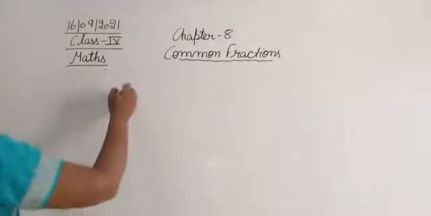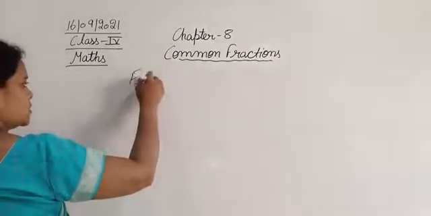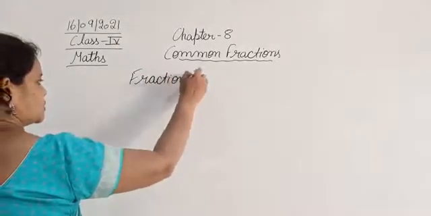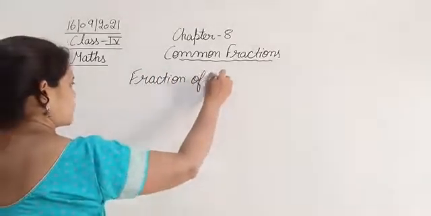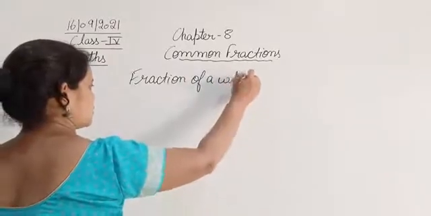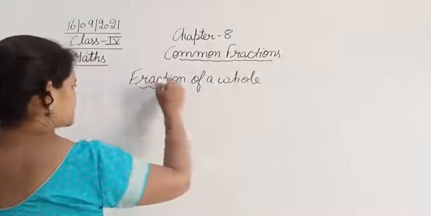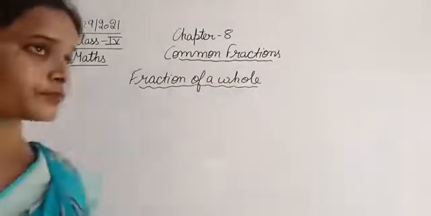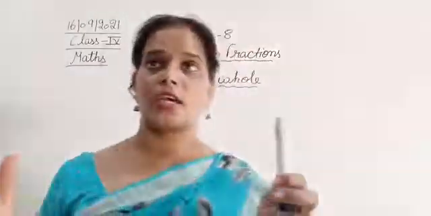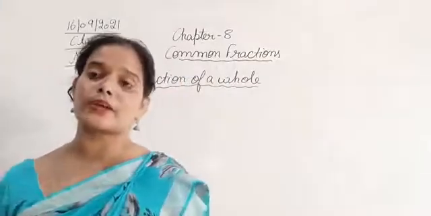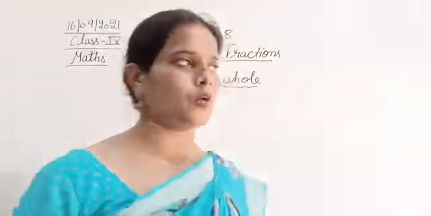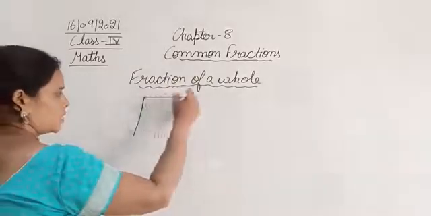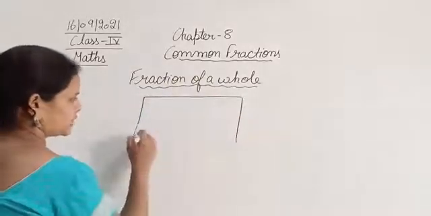So first of all, fraction of a whole. If we talk about fraction, let's think about fraction of a whole. That means कि जितनी भी चीज़ें हैं, if we pick out some part of it. So suppose this is a rectangle.